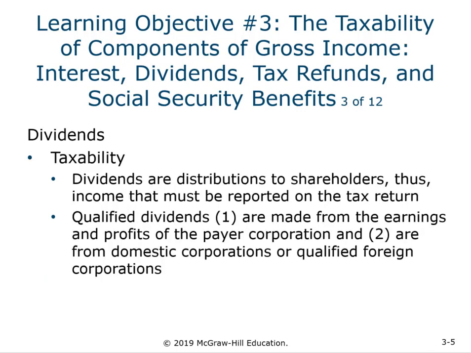So the next category of income is dividends. Okay, these are distributions to shareholders out of the profits of the corporation. Okay, so qualified dividends are from the corporation and a domestic corporation.